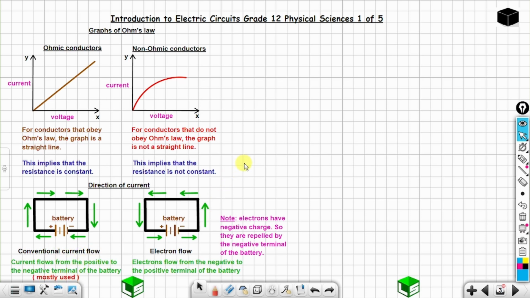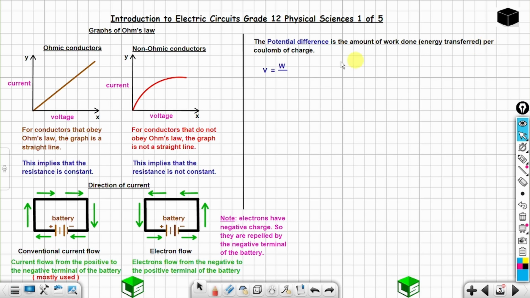Okay, we carry on. Now, the potential difference. The potential difference is the amount of work done or the amount of energy transferred per coulomb of charge. So from this definition, the potential difference is equal to the amount of work done per coulomb of charge, Q for charge.